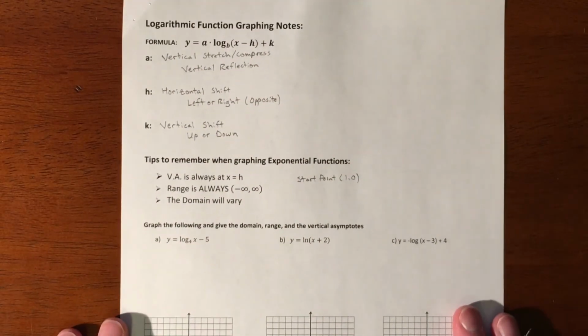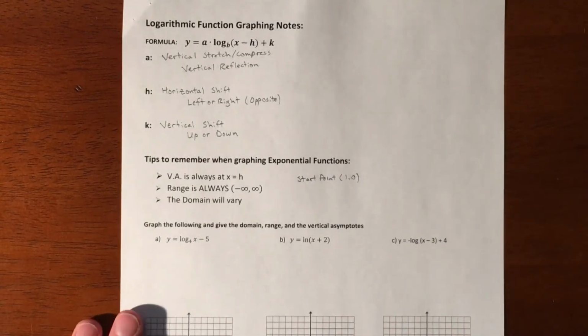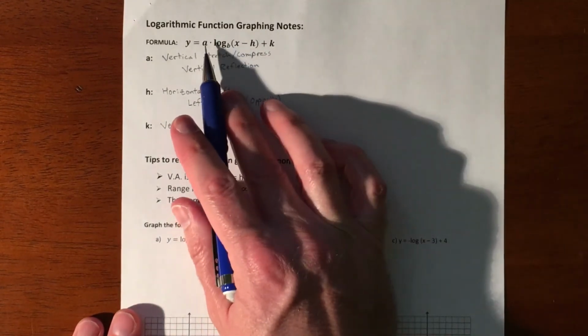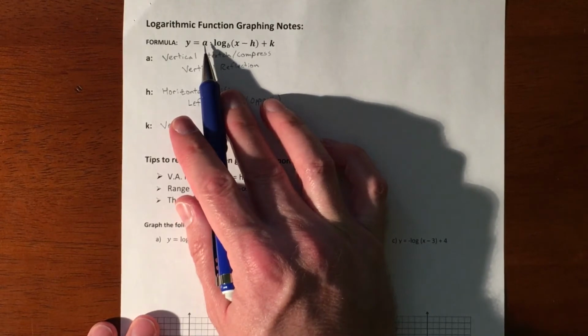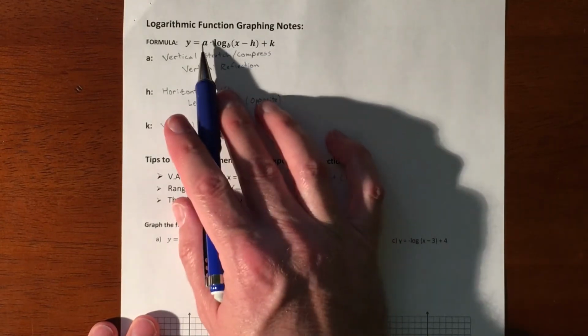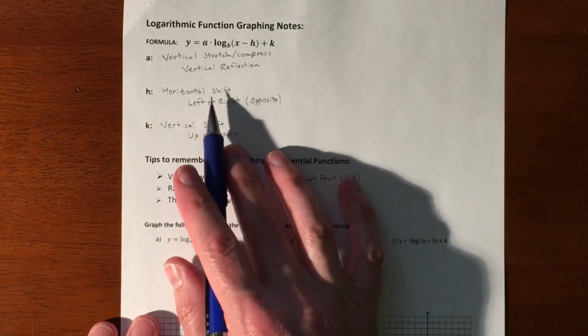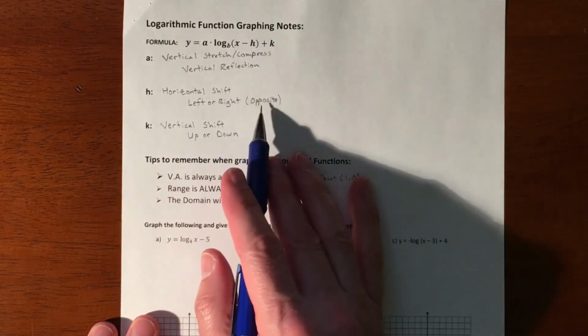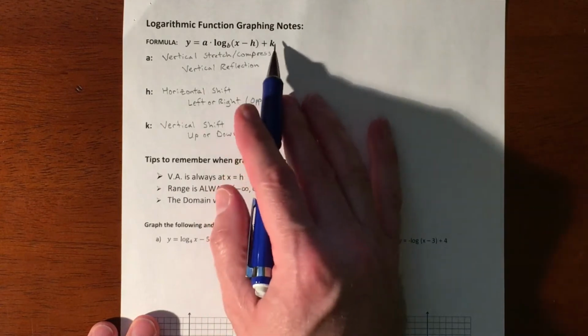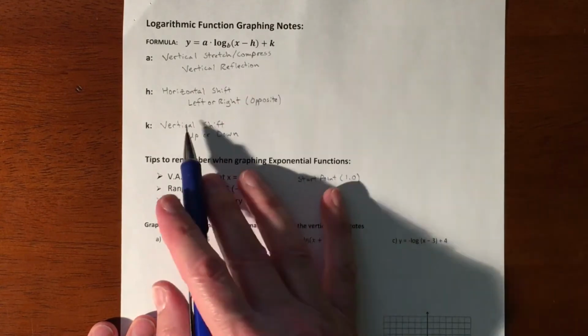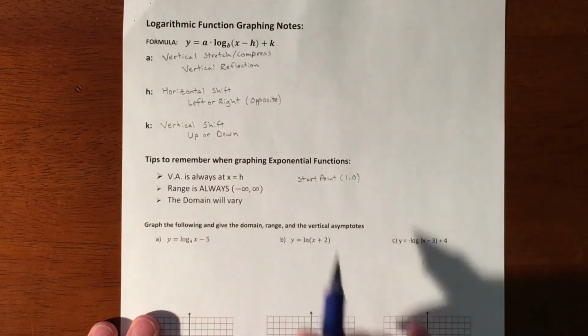So just like all of your other graphs in the past, you have this potential vertical stretch or compression, and if it's negative, then you could potentially have a reflection on that. This is going to be your left and right shift, so horizontal shifts, and don't forget it's always in an opposite direction. And then this is going to be your up and down shifts, your vertical shifts, and that's totally normal.